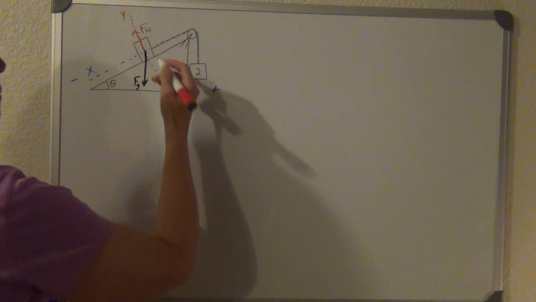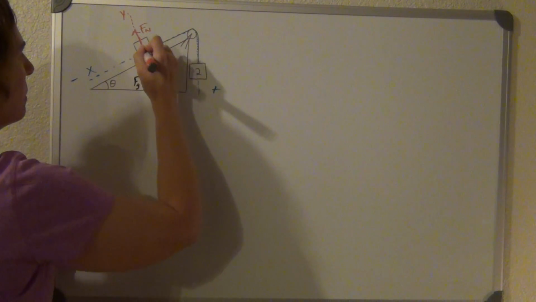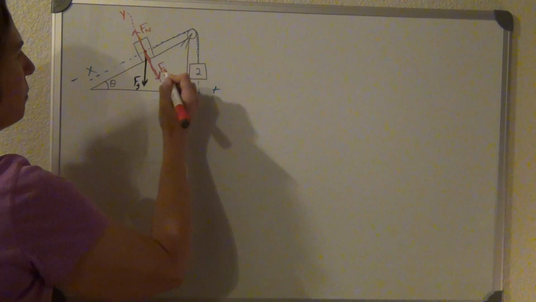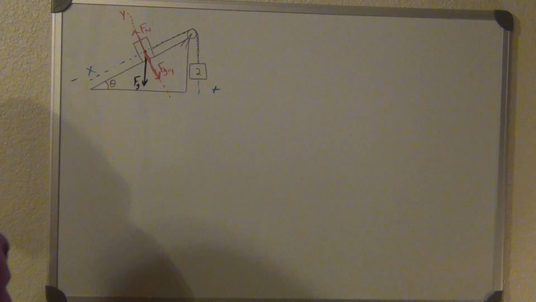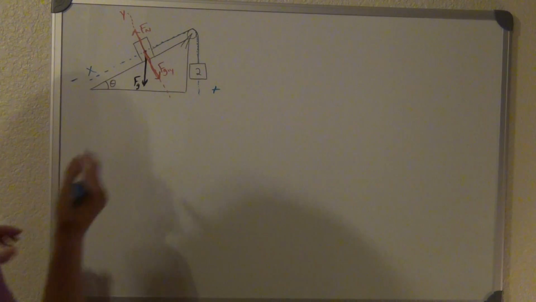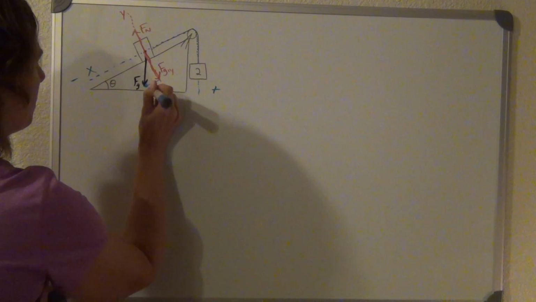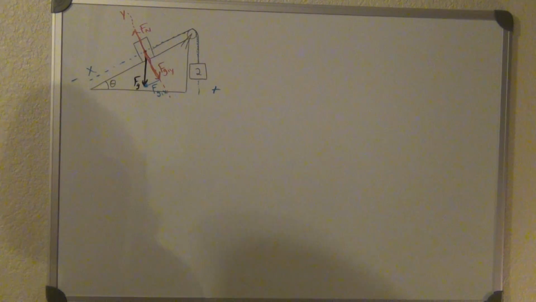And then we can split force of gravity into components. We call it FG1Y, so we know that's from mass 1. And we have FG1X, if we put it into components.